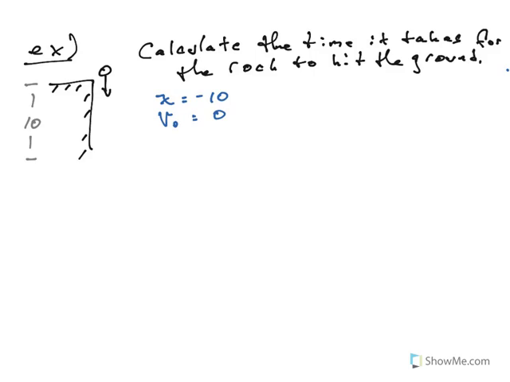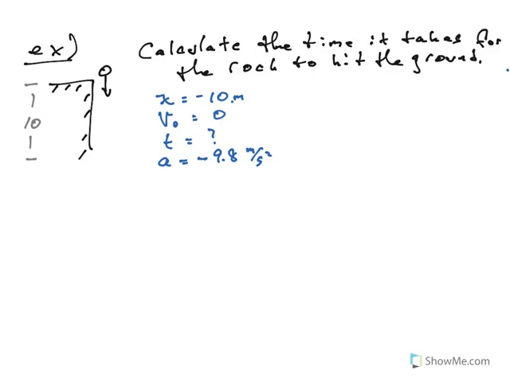What else do I know? Well, I'm looking for the time it takes to hit the ground. And there was one extra piece of information that's not stated in the problem: the reason this rock will hit the ground is because gravity is going to pull it down. Gravity is an acceleration in the y direction, and it's always downwards, so let's say negative 9.8 meters per second squared.